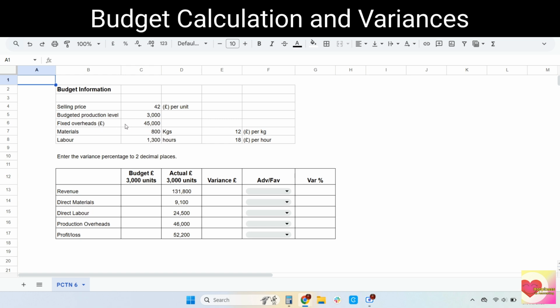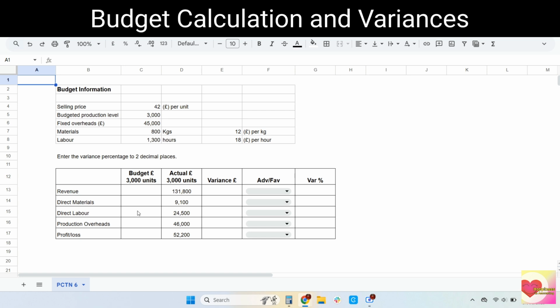This is the information that we need for the production overheads. Next, materials. This is the information that we need to get the budget for direct materials. And the last is labor. This is the information that we need to get the budget for direct labor.